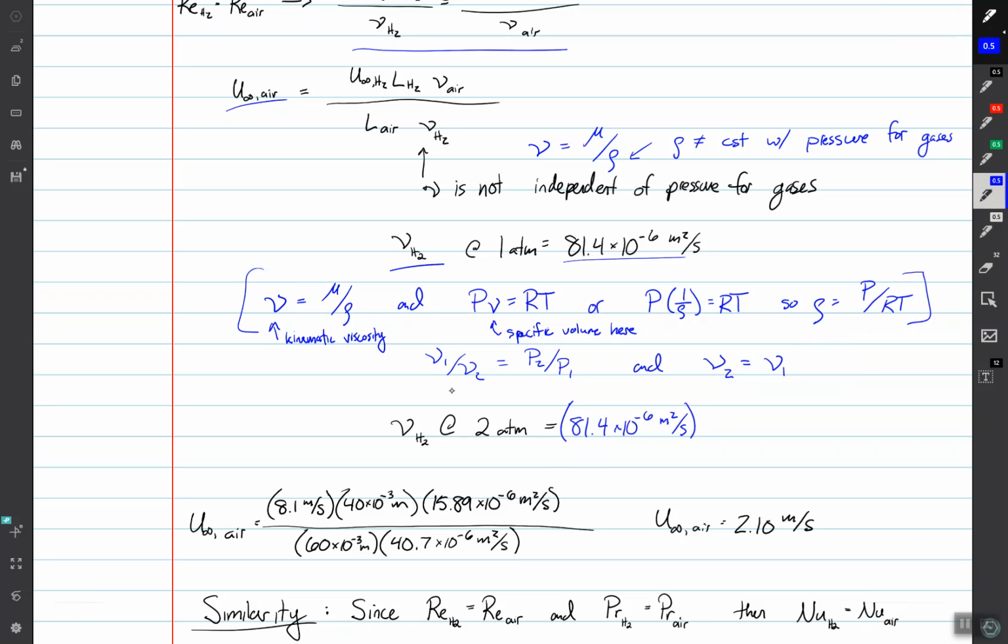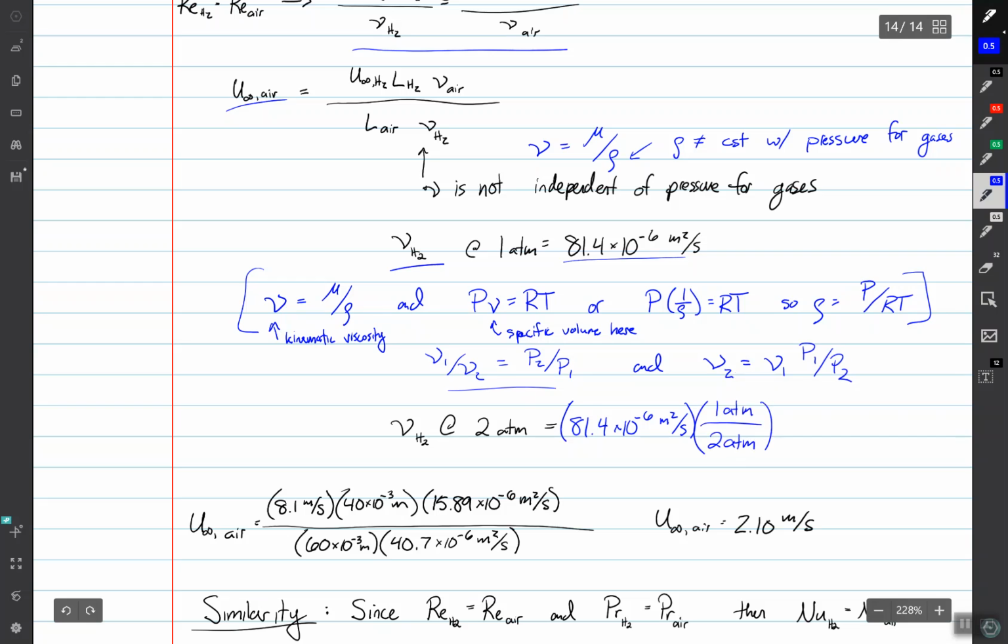If I use this equation correctly, it should be times P1 divided by P2. So this would be times 1 atmosphere divided by 2 atmospheres.